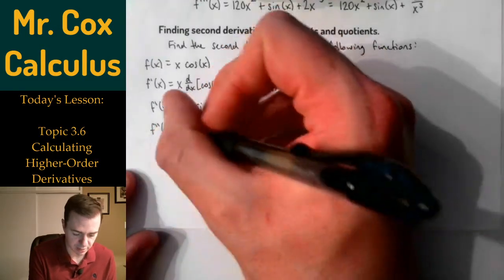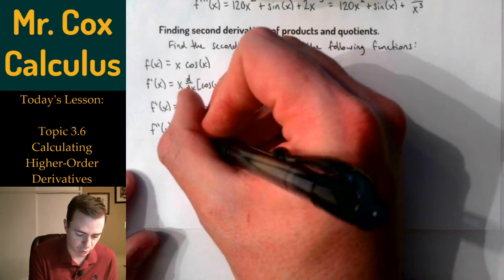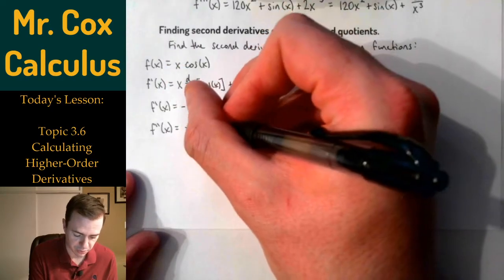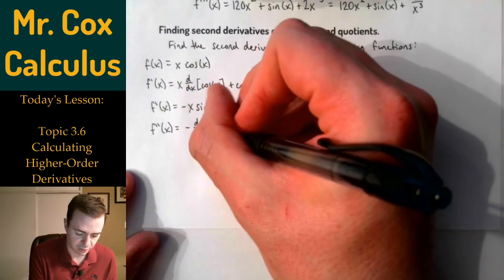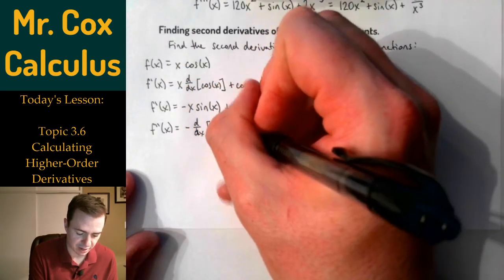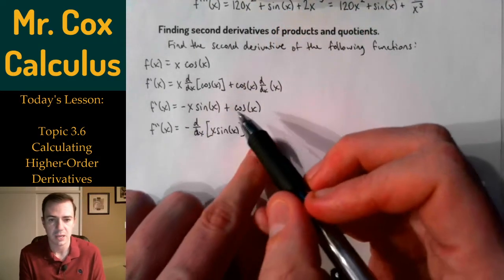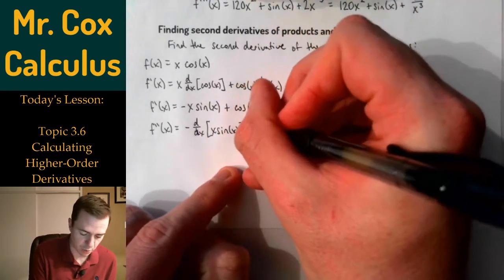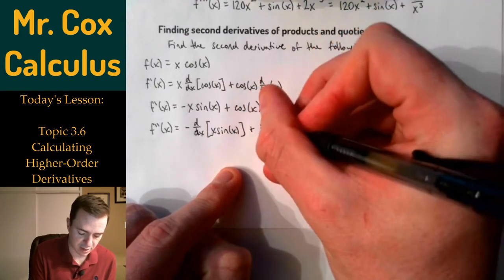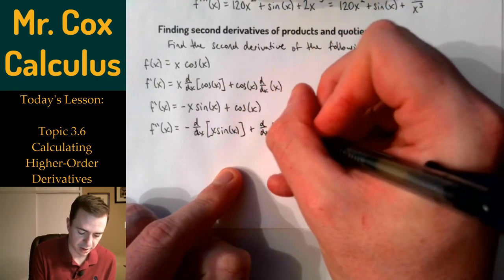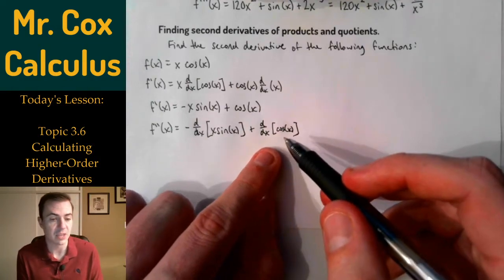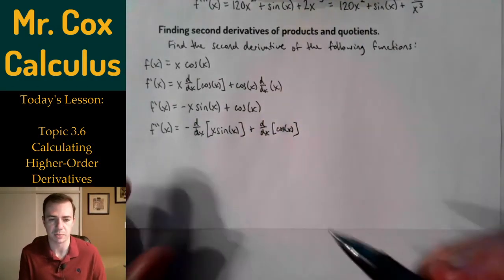I'm going to go ahead and take that negative out like I can with any constant multiple. So this is the derivative of x times the sine of x. I'll use the product rule right here. I then need to take the derivative of cosine of x, which is something I already know. I don't need to apply any other special rule.